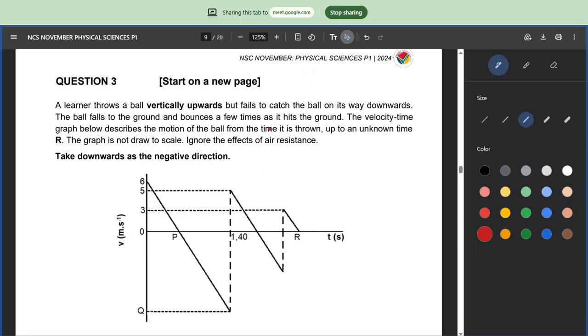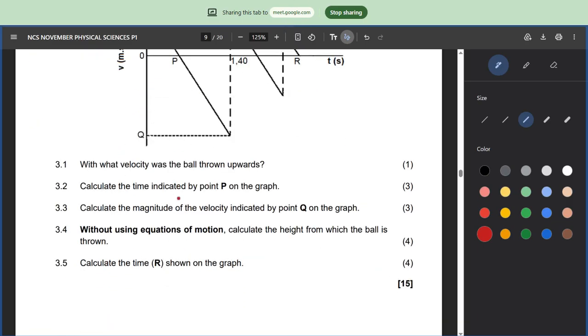The ball hits the ground and bounces a few times. The velocity time graph describes the motion of the ball up to an unknown time. Take downwards as the negative direction. Okay, so we are taking down as the negative direction. Let's answer some of the questions.